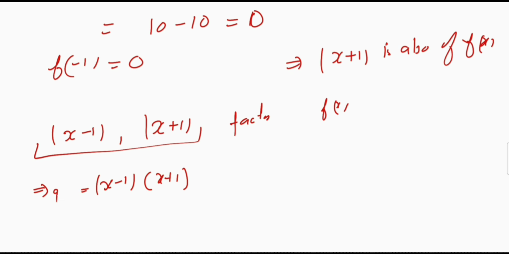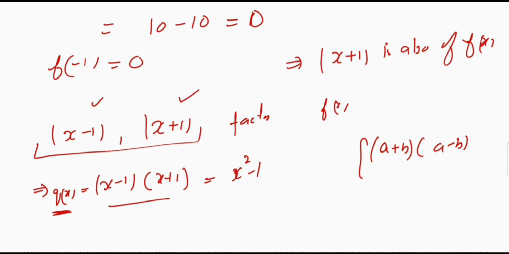Let me take this as q(x). Because these are the factors, this q(x) will divide f(x) completely. We can write this as x square minus 1 by applying the identity a plus b times a minus b is equal to a square minus b square.